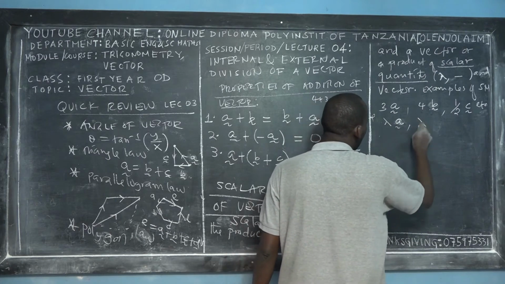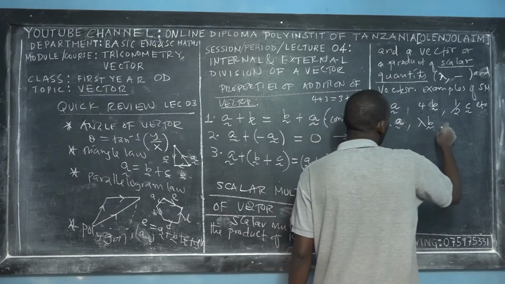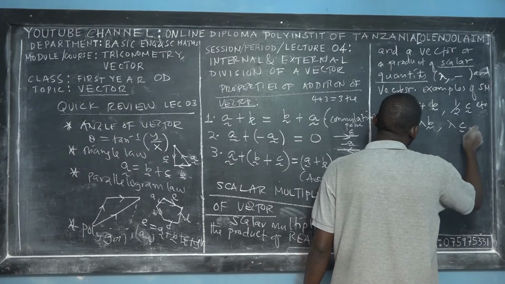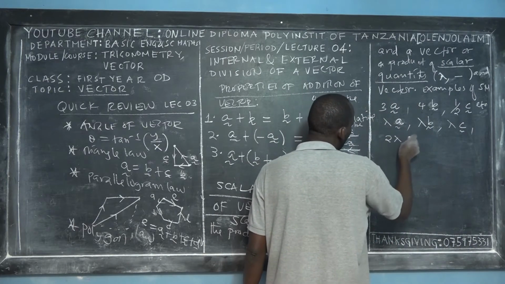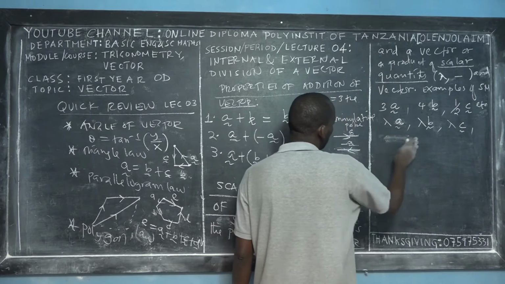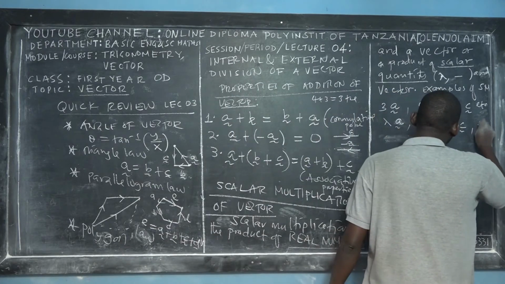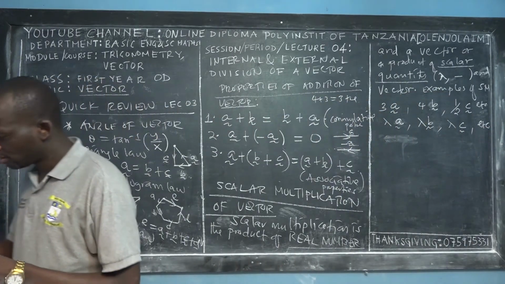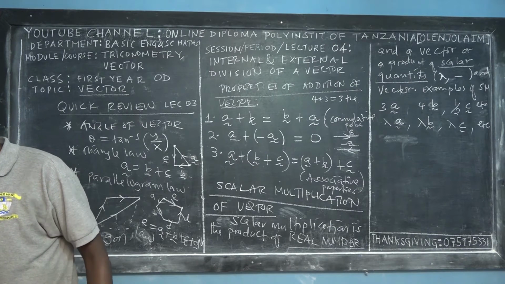Or lambda times vector B. Or, for instance, lambda times vector C. We can also have something like twice lambda vector A, but that is a little bit complex for your level. So I believe you have understood the definitions of scalar multiplication. Now we'll see how it works.